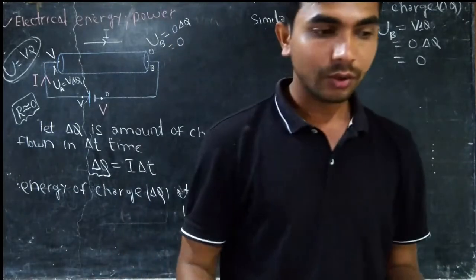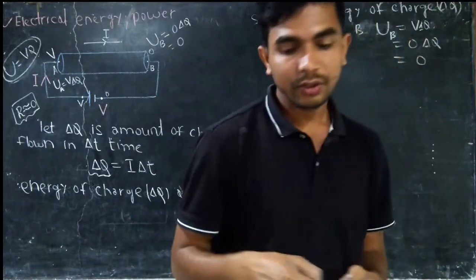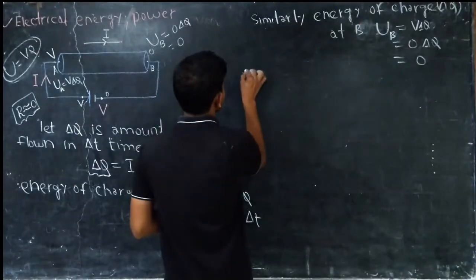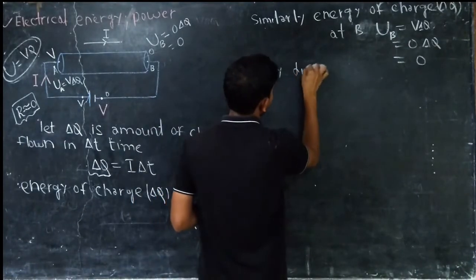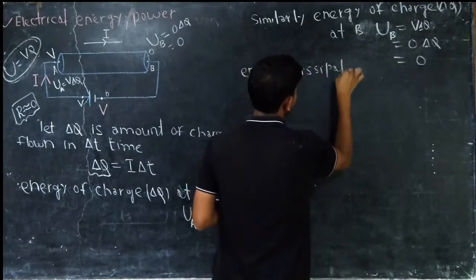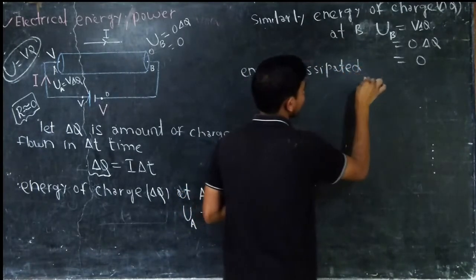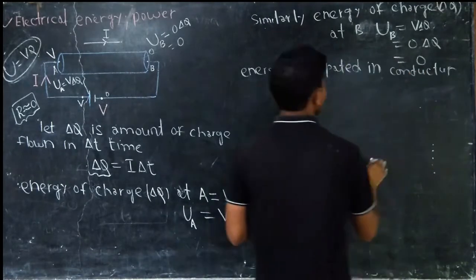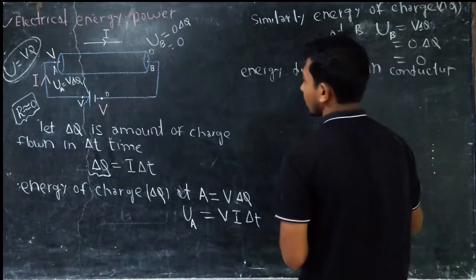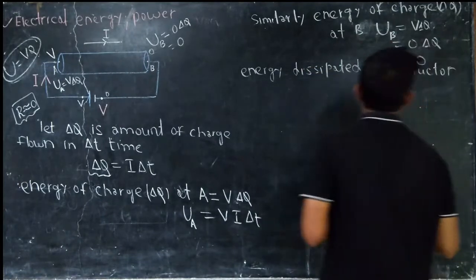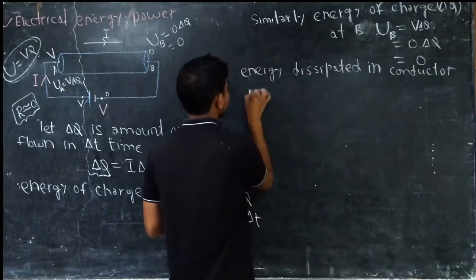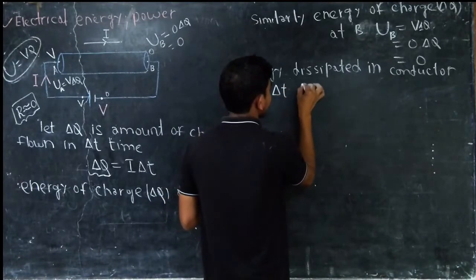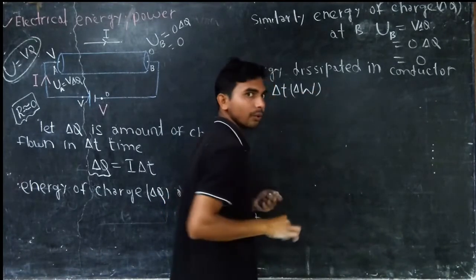Next I am going to write energy dissipated. Energy dissipated in the conductor in Δt time is ΔW.